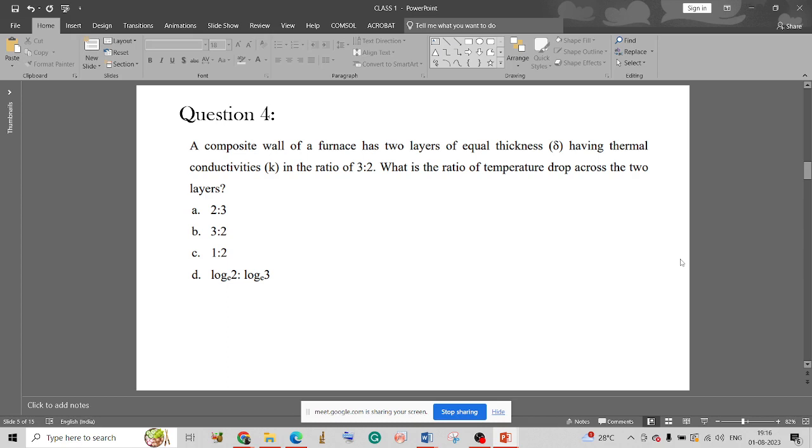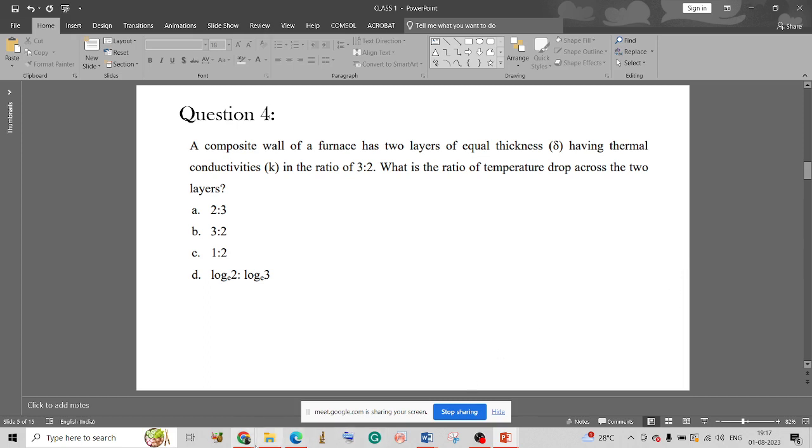A composite wall of a furnace has two layers of equal thickness delta, having thermal conductivity K in the ratio of 3:2. Which is the ratio of temperature drop across the two layers? Same equation will be applied, the Fourier's law.